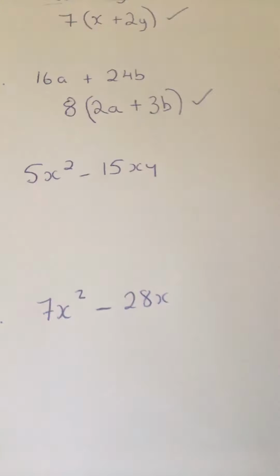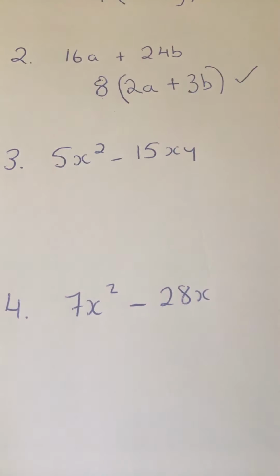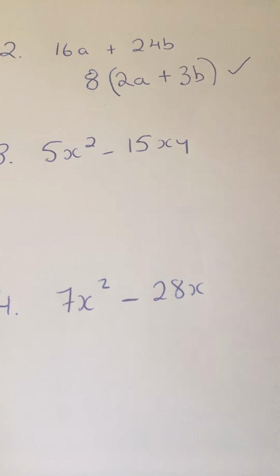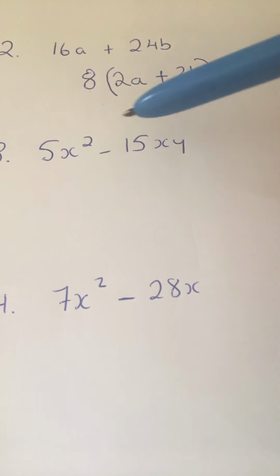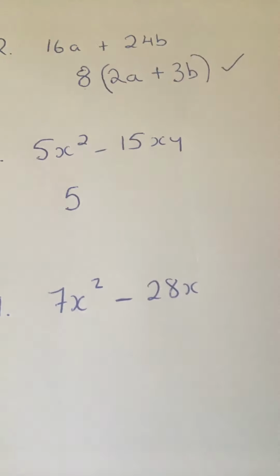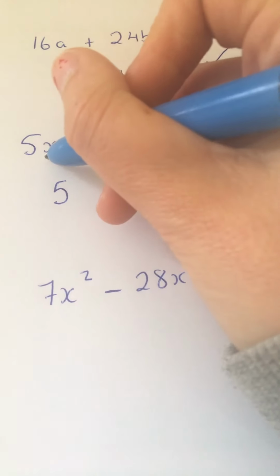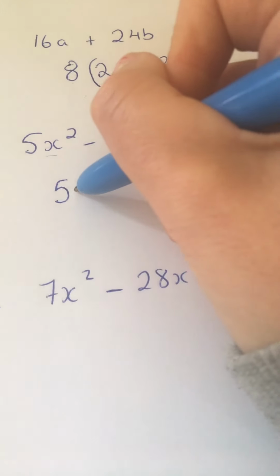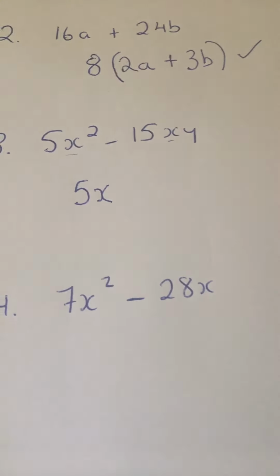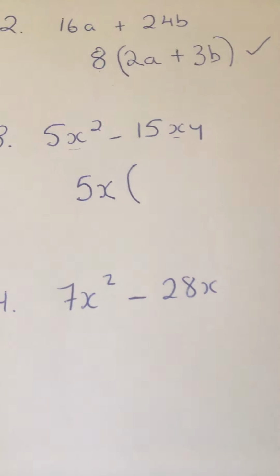Next one. What is our highest common factor? We have 5x squared minus 15xy. So 5 goes into 5 and 5 also goes into 15. So that's our highest common factor. Is there any letters common? There is. They both contain an x. So that all goes outside the bracket. Now what's left inside the bracket?